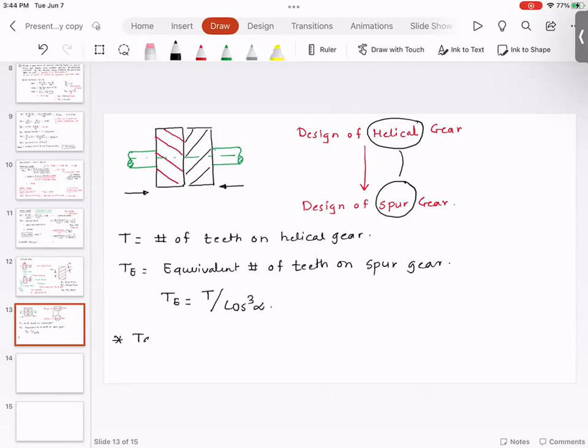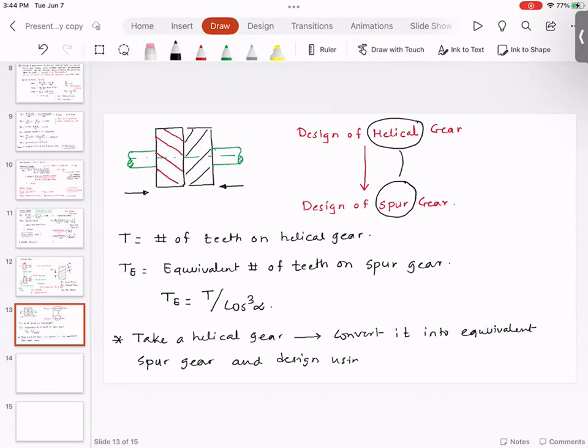Take a helical gear, convert that into equivalent spur gear and design using spur gear principles. So that is how the gear design, the helical gear design is done.